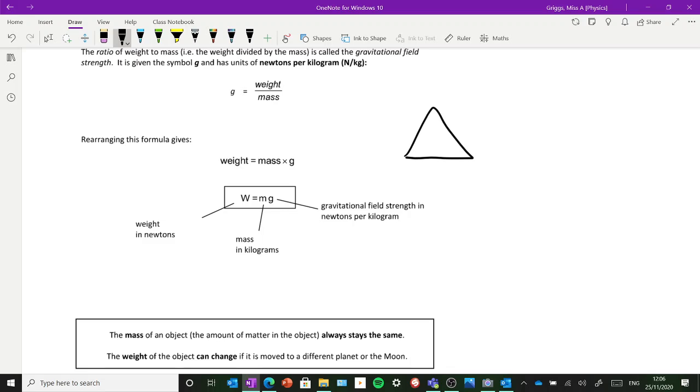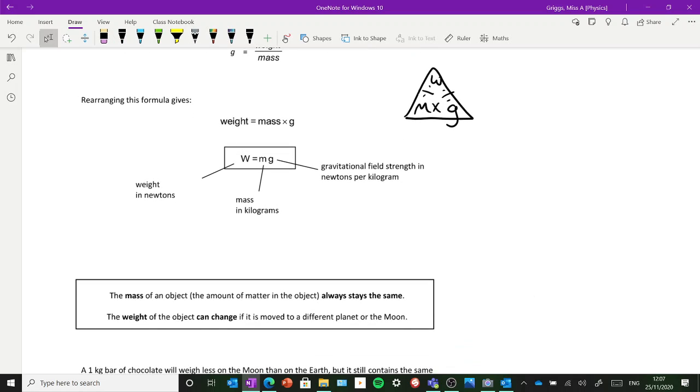Yeah, if you like triangles, W, m, g. And you just need to remember that weight is in newtons, mass has to be in kilograms, not grams, and gravitational field strength is in newtons per kilogram.